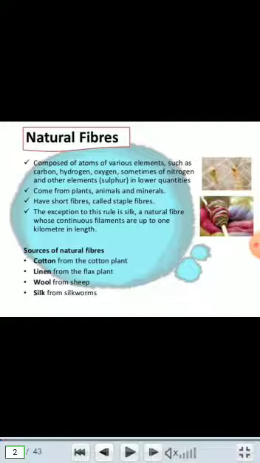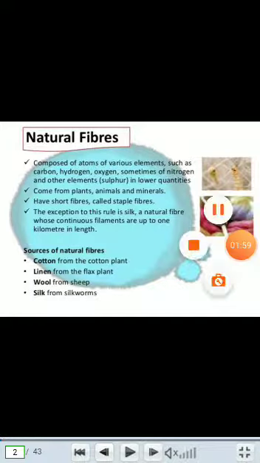The exception to this rule is silk, a natural fiber whose continuous filaments are up to 1 kilometer in length. Sources of natural fibers: cotton from the cotton plant, linen from the flax plant, wool from sheep, silk from silkworm.